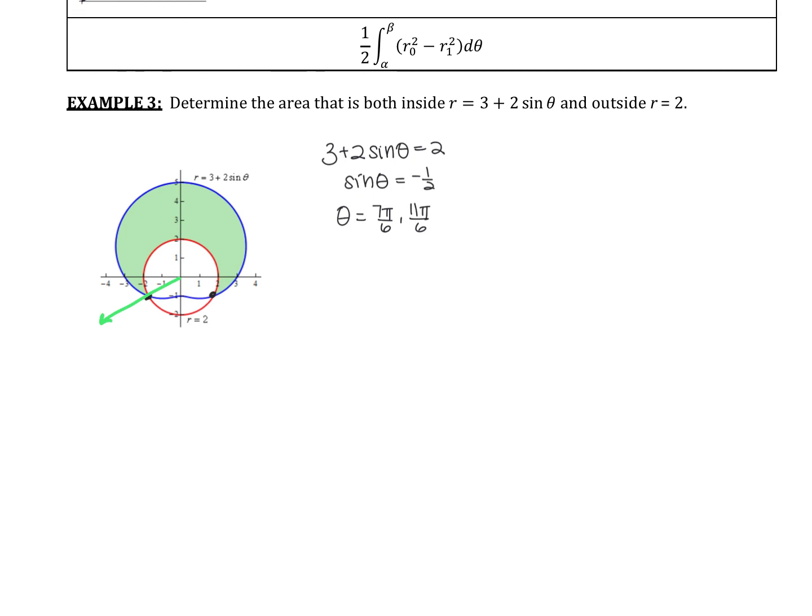Now, if I wanted to find 11 pi over 6, it makes sense that this is 11 pi over 6.